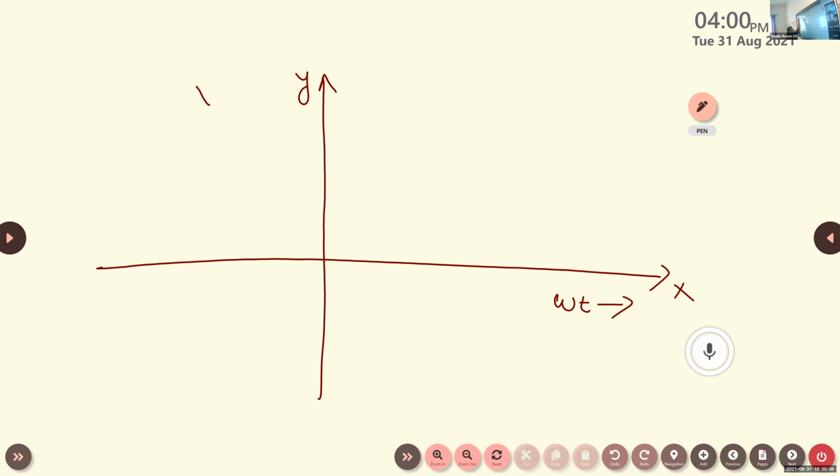Alternating source of EMF is Vm sin omega t. Or we can take it as plus Vm or plus Im. Alternating value of current is taken along the positive y-axis. Similarly, negative Vm or negative Im is taken along the negative y-axis.